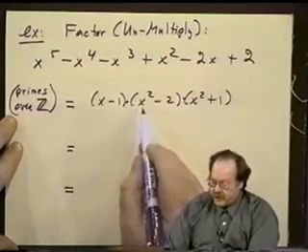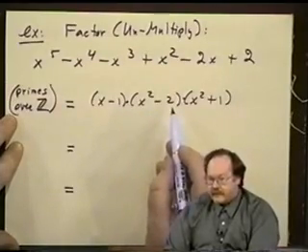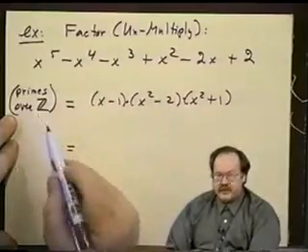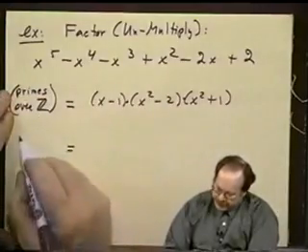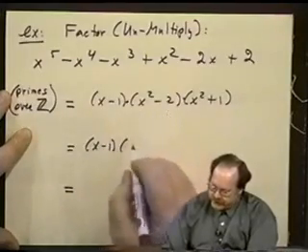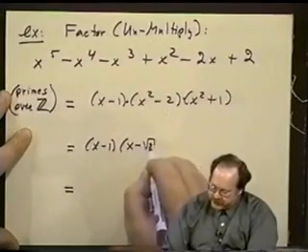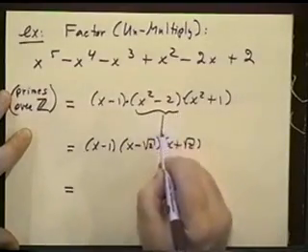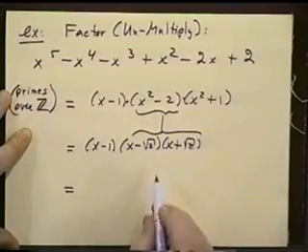Now, you can look at this and say, well, x squared minus 2 can be factored further if I allow the square root of 2. Well, that's not an integer, so I have to move up to another set. So if I go further and I leave the x minus 1 alone, x squared minus 2 can be factored into x minus square root of 2 times x plus square root of 2. So this can be further broken down into that.